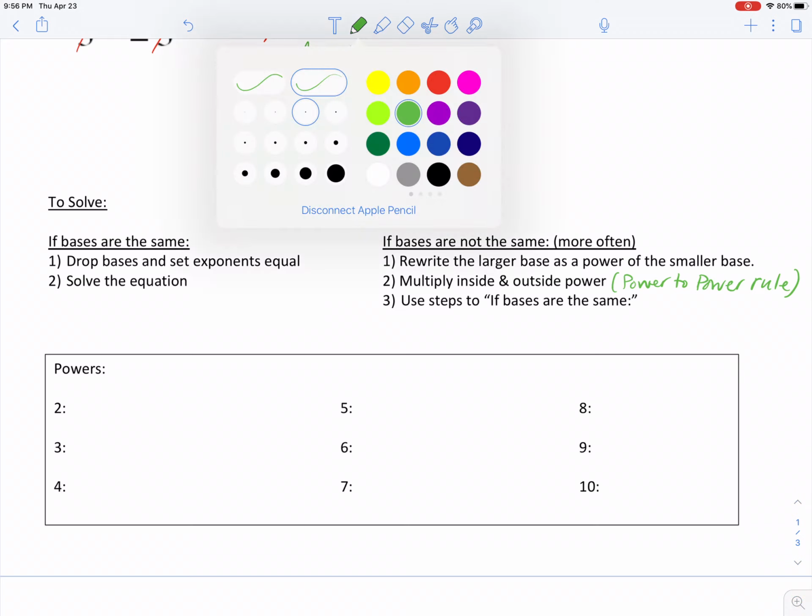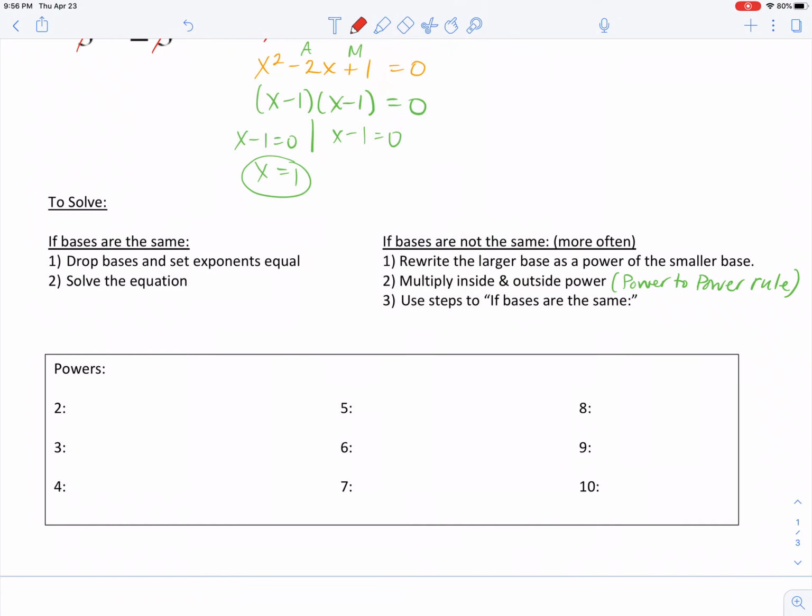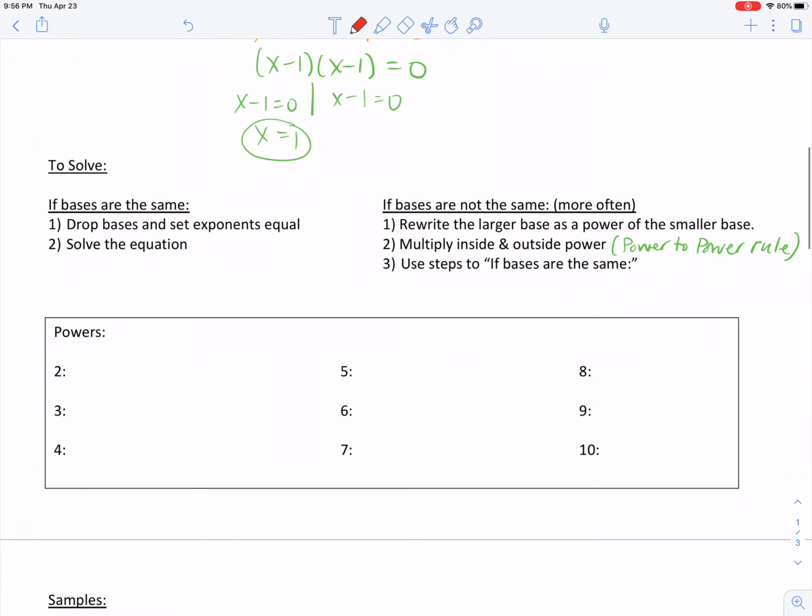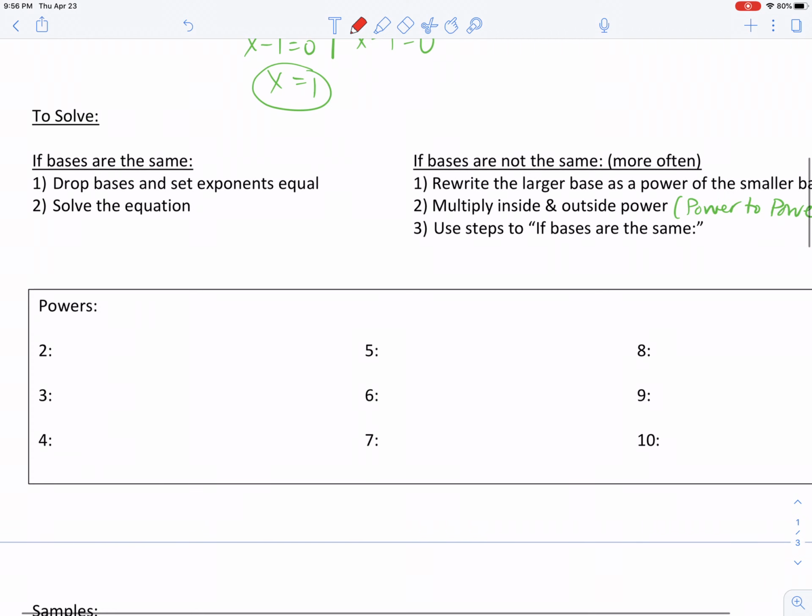So before you can prepare to rewrite powers, I first want to discuss powers with all these bases. If you have a base of 2, you can use a base of 2 to write the following powers. 2 to the first power is 2. 2 to the second power, 4. 2 to the third power is 8. 2 to the fourth power is 16. 2 to the fifth power is 32.